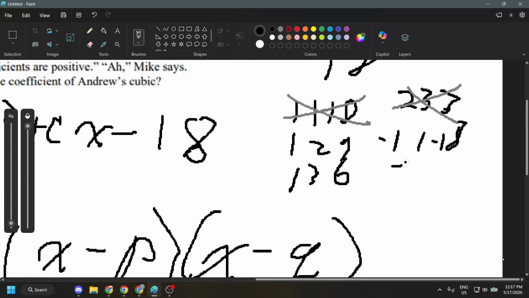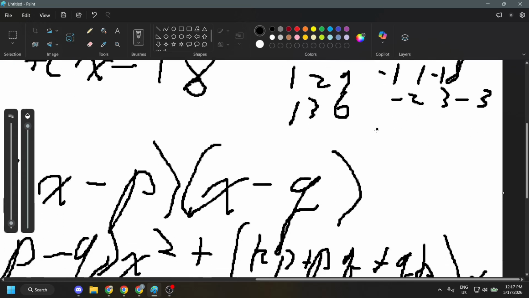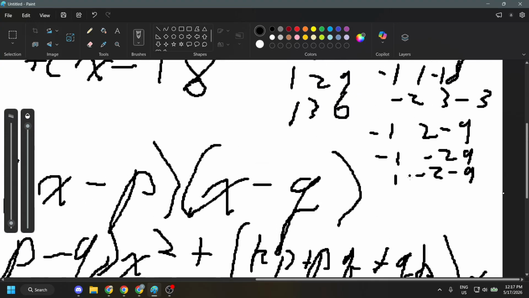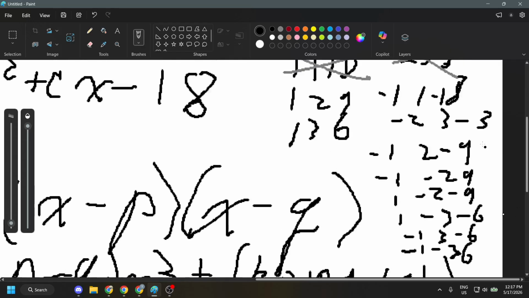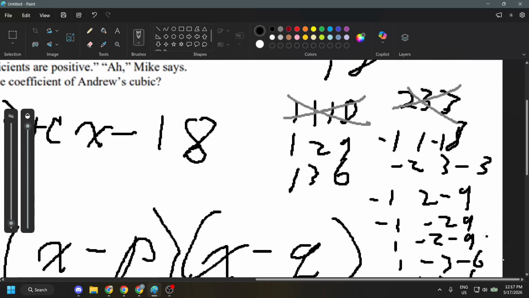Or negative 2, 3, negative 3. These are allowed. We also have negative 1, 2, negative 9; negative 1, negative 2, 9; 1, negative 2, negative 9. We could also have 1, negative 3, negative 6; negative 1, 3, negative 6; and negative 1, negative 3, 6. So all of these are allowed. These are all combinations of zeros that would work.